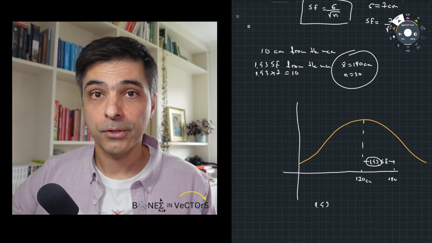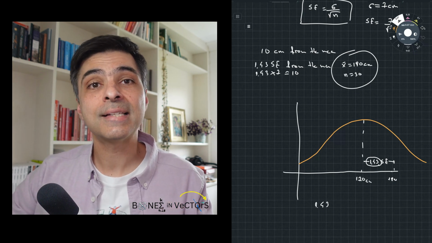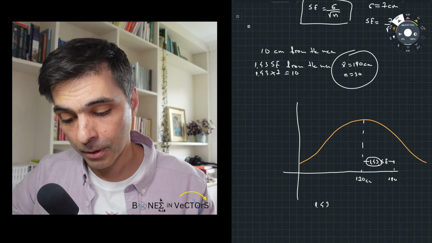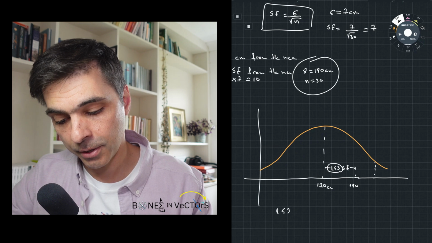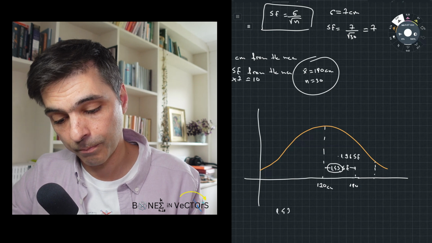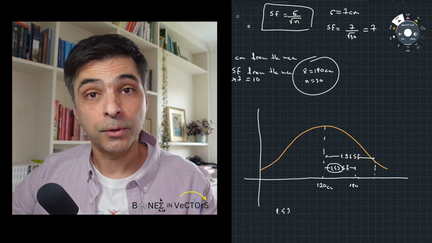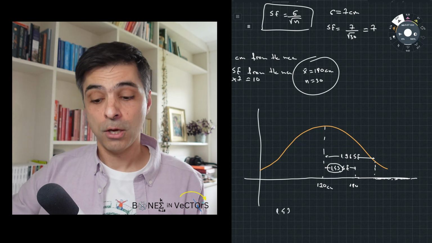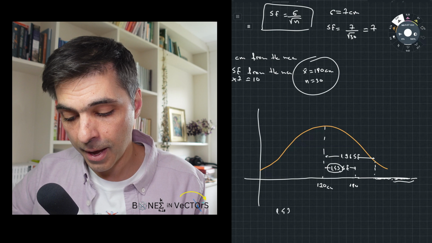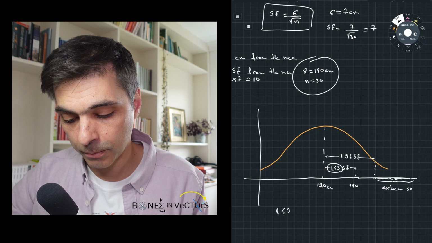Why do we want to know this? Well, because if it is more than 1.96 standard errors away from the mean, what did we say? We consider it an extreme value or an extreme sample.